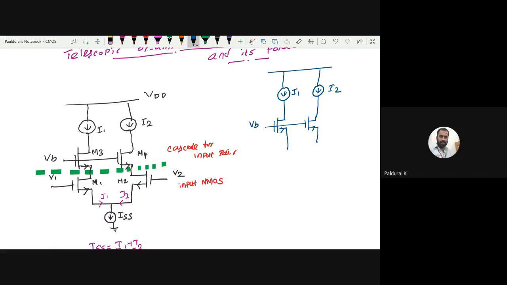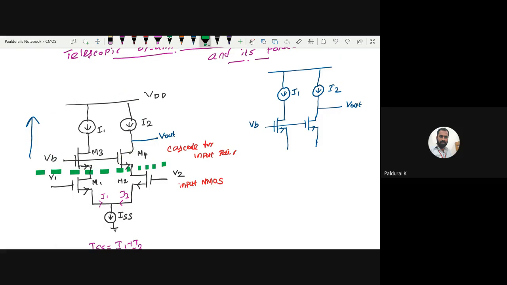This is my VB. Here I want to measure Vout. Okay, so far any doubt? Just இந்த upper part அப்படியே எடுத்துருக்கிறேன், சரியா?